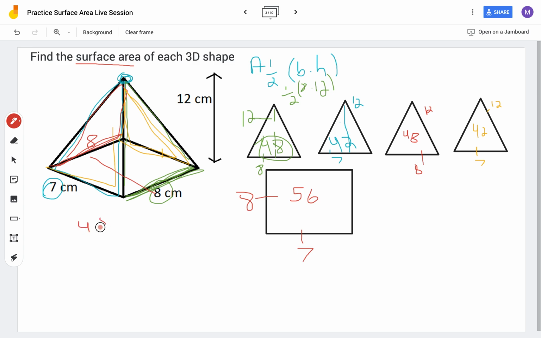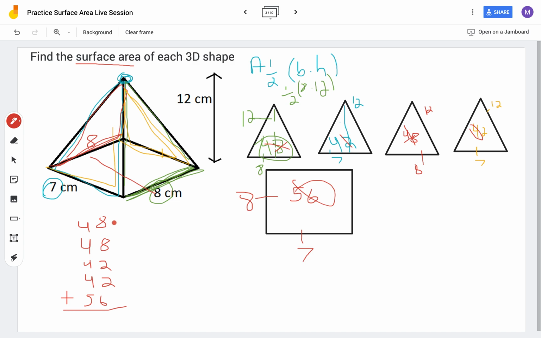So I have 48. I like to cross them out. I know I have this other 48 over here, so I like to group things together. That's just how my brain works. You don't have to do it that way. Then we have a 42 and a 42. And then we have our 56. I'm going to add these up.